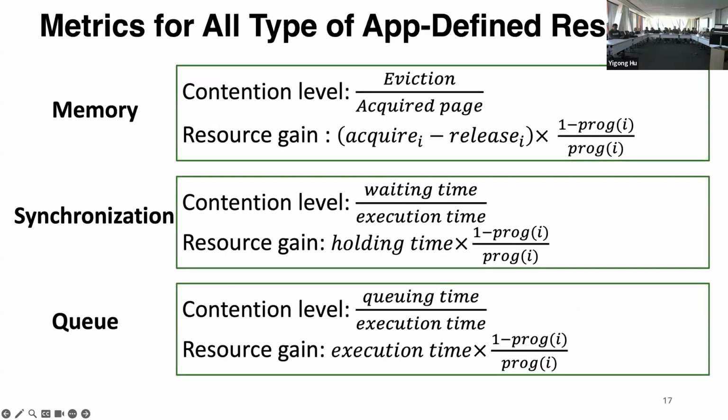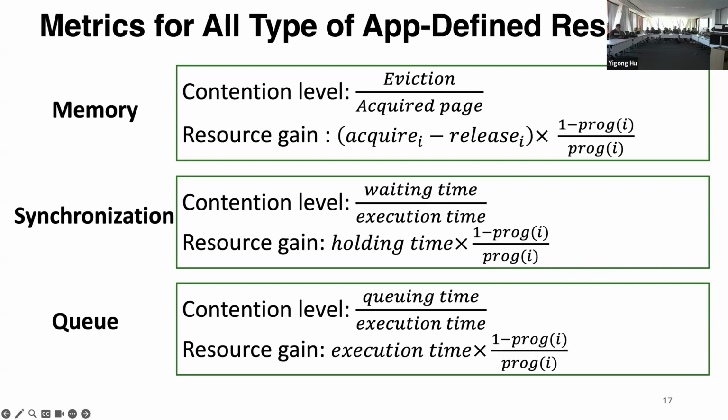Okay. And with these two definitions, we summarize that all application-defined resources can be summarized into three categories: the memory-related resource, the synchronization-related resource, and the queue. The memory-related resources are resources like a query cache, internal buffer pool, or something where you store intermediate data.